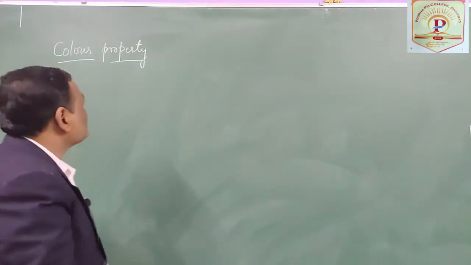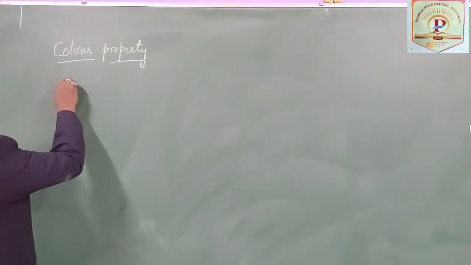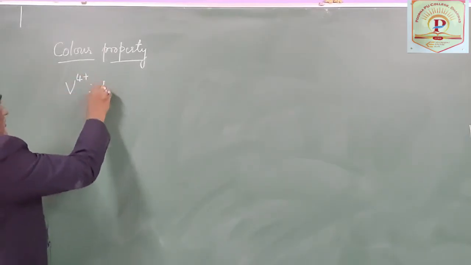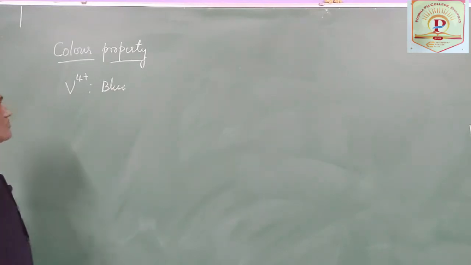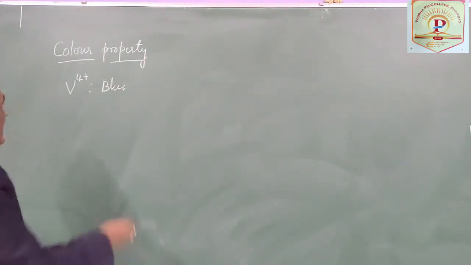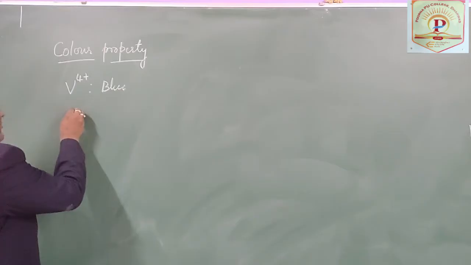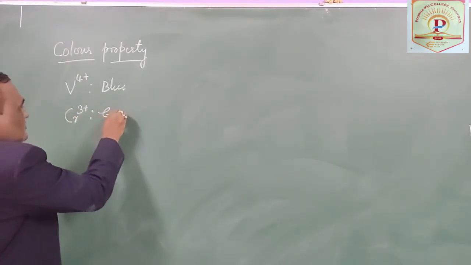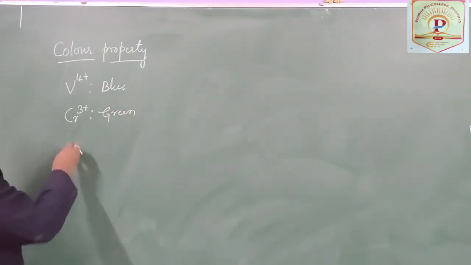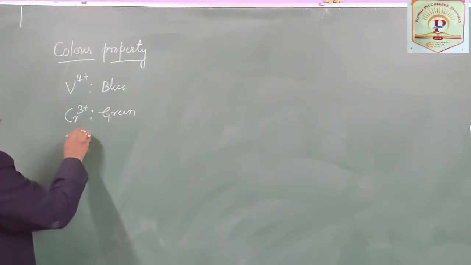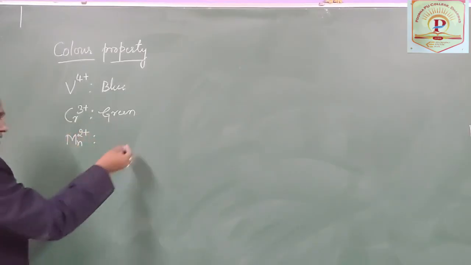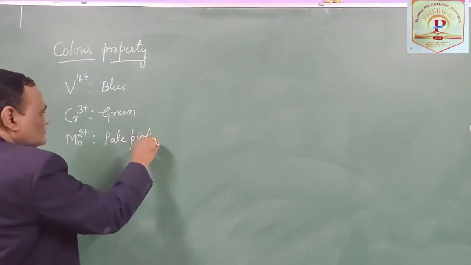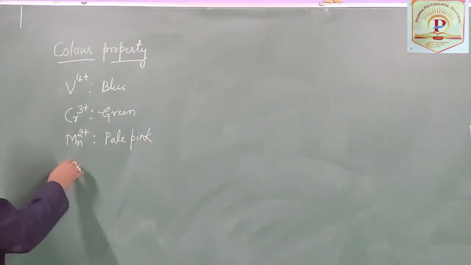For example, vanadium 4+ will show the blue color, and chromium 3+ will show the green color. The hydrated ion is green in color. Mn2+ shows the pale pink color in hydrated condition.